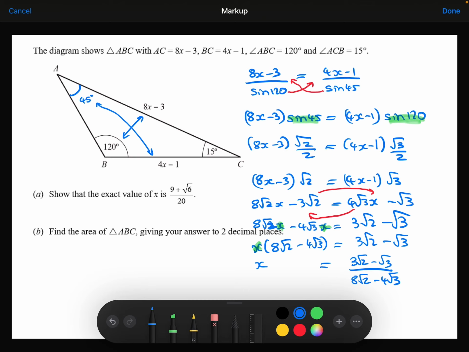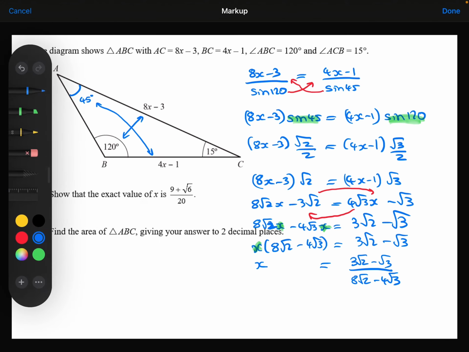And now, last couple of jobs, I need to rationalise this denominator. So I'm going to times the top and the bottom here by 8 root 2 plus 4 root 3.